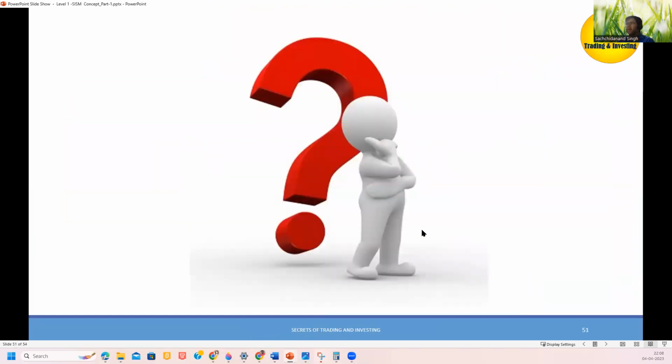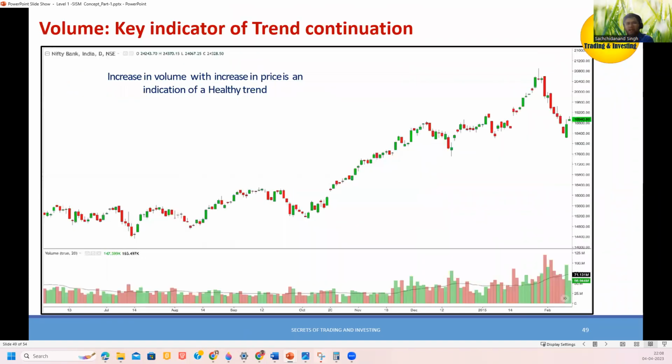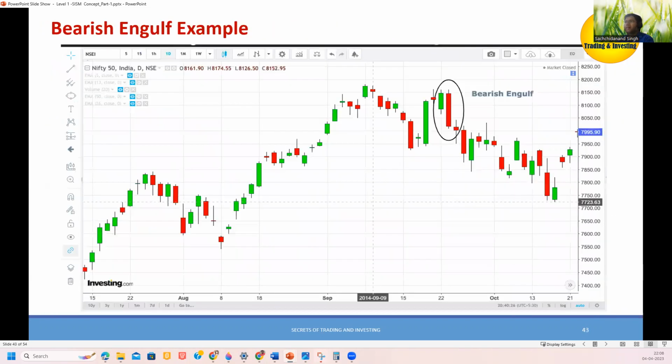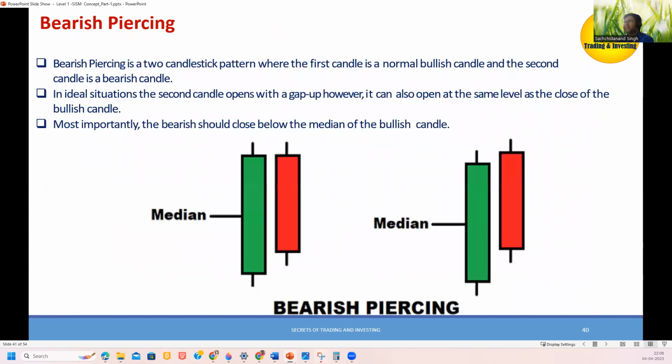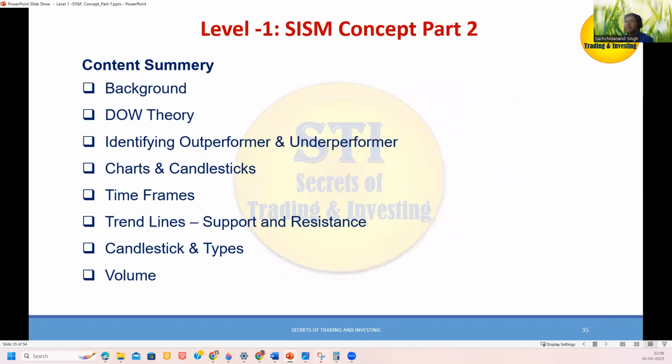If anybody has any question about whatever we have discussed as part of session 1 or 2, feel free to ask, related to support, resistance, candlestick patterns, which we have formally discussed so far, or even Dow theory.